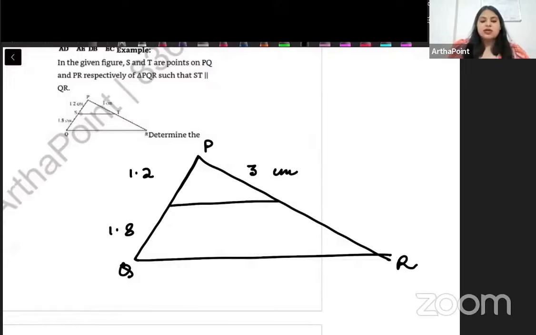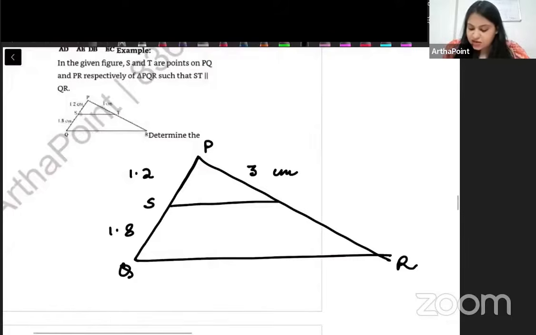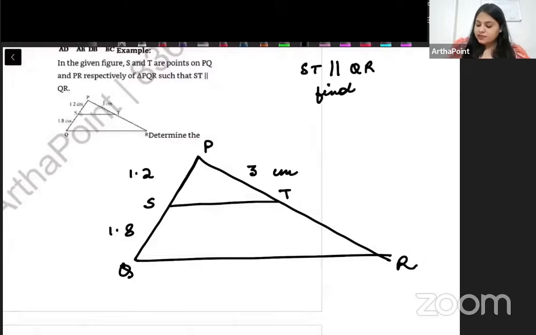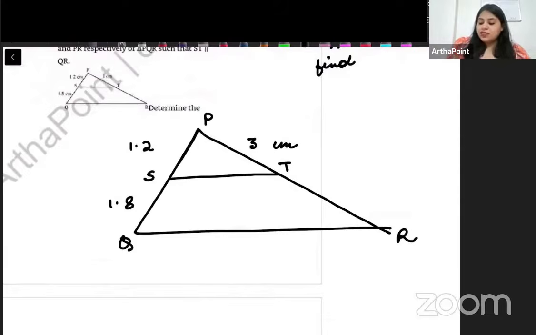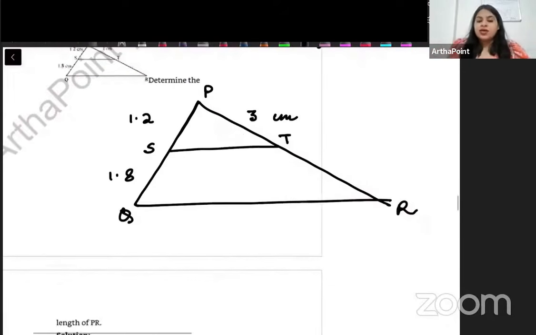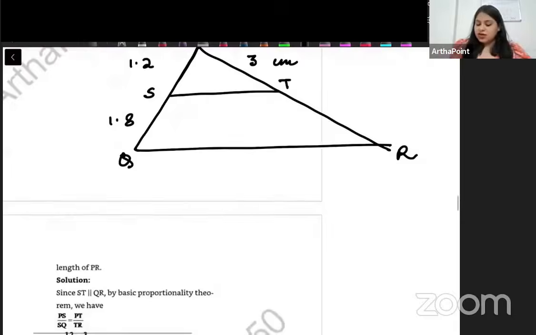This is ST. It says ST is parallel to QR, and find RT. Find PR. This is the question.